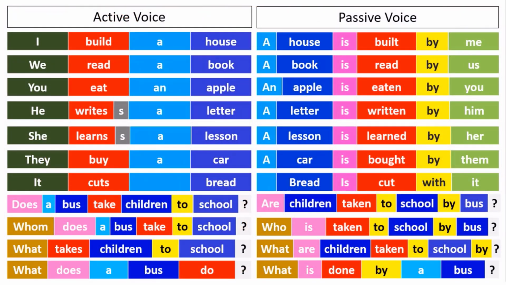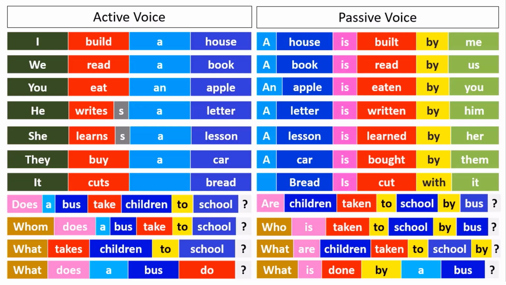In this slide, you can see some more sentence examples in both active and passive voice. Look, listen, and repeat sentences after the speaker in pauses. Do it until you can understand and repeat all sentences easily and quickly. Pay special attention to interrogative sentences.